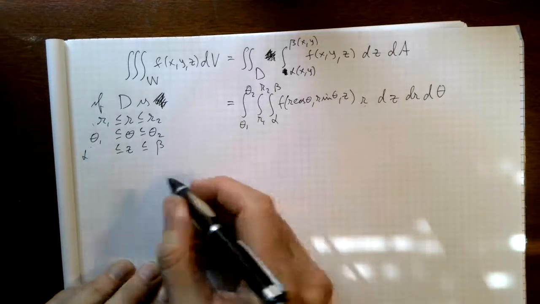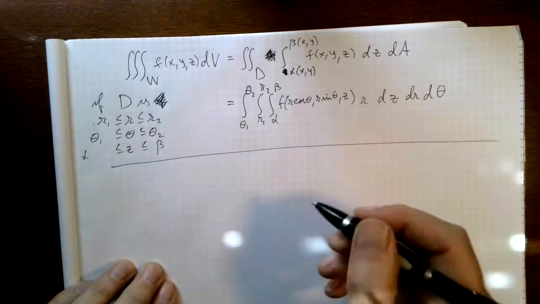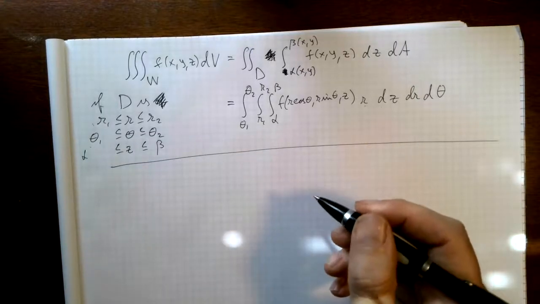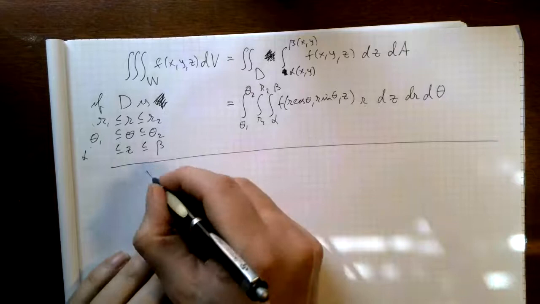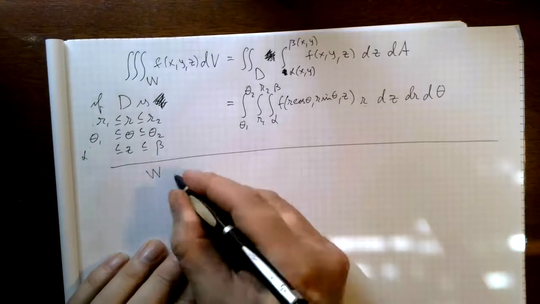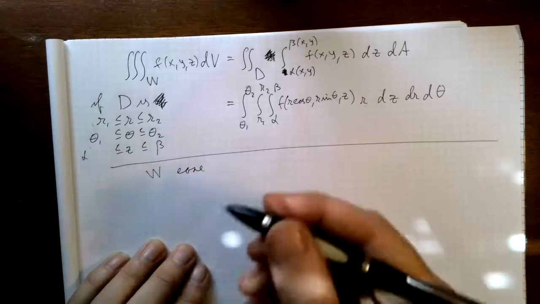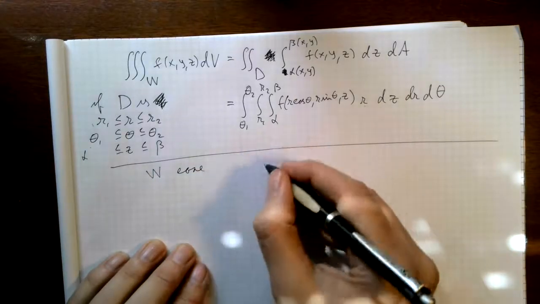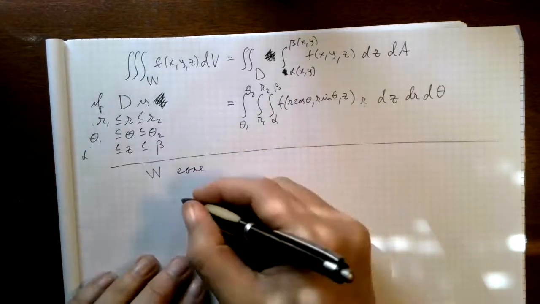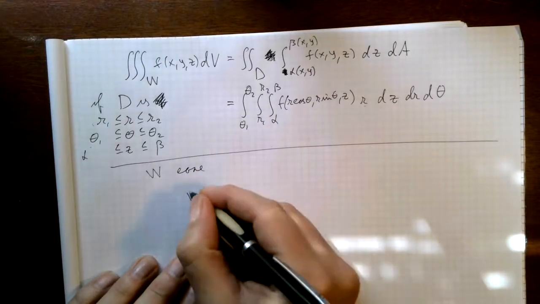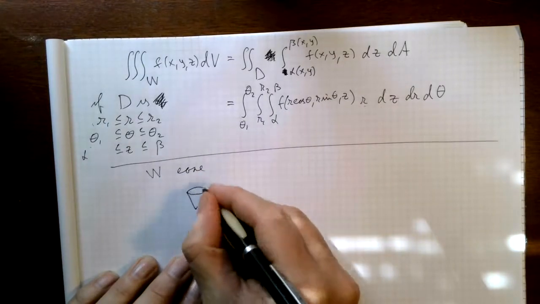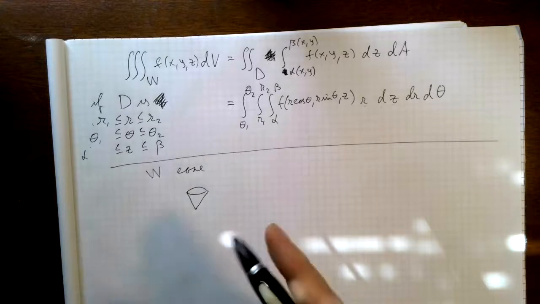Okay, let's do an example. Let's suppose that W is a cone. Well, how is it going to be given? So it's going to be this cone with the tip at the origin.